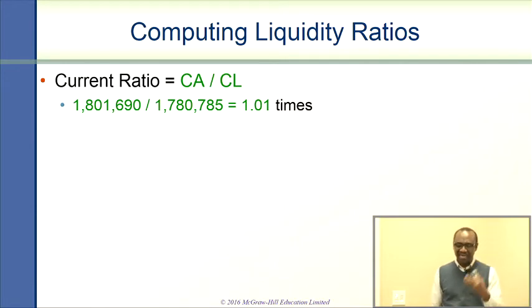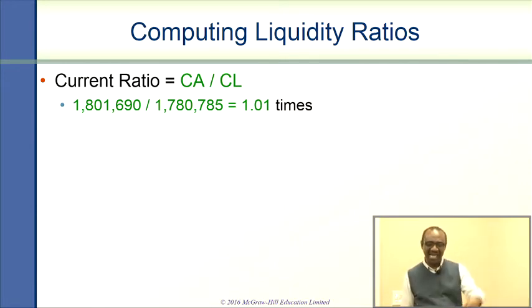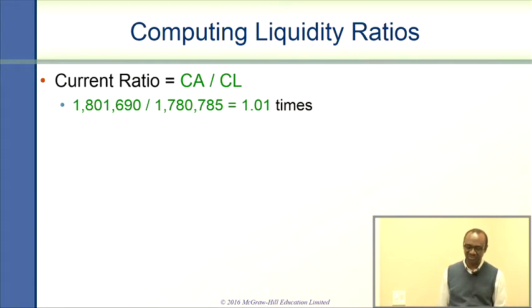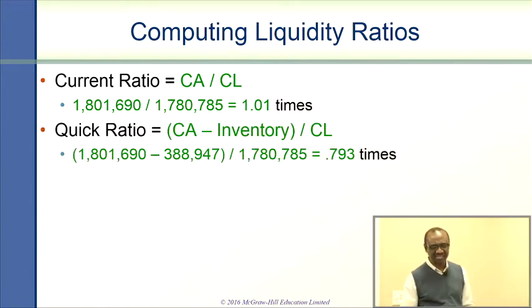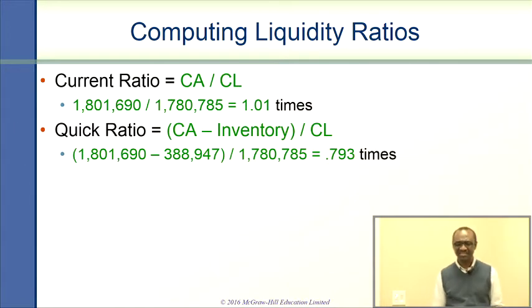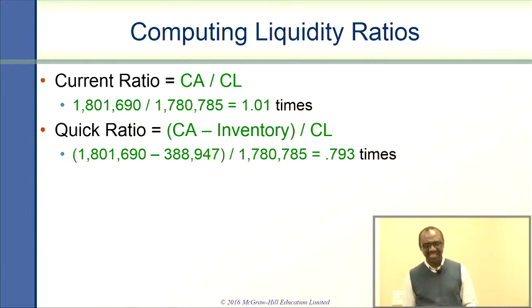That's the essence behind coming up with something called the quick ratio. With the quick ratio, from current assets we subtract the inventory the company owns, and then we divide again by the current liability.